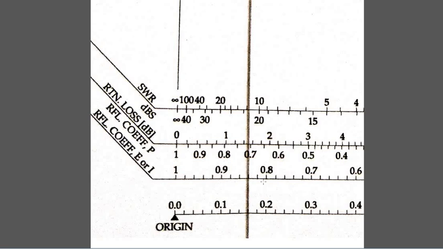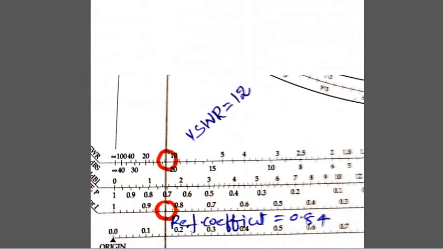Each one will become 0.02. From this side 0.8, to 0.84. So SWR will be 12 and the reflection coefficient will be 0.8 plus 0.02 plus 0.02, which is 0.84. I will show that there with a value.